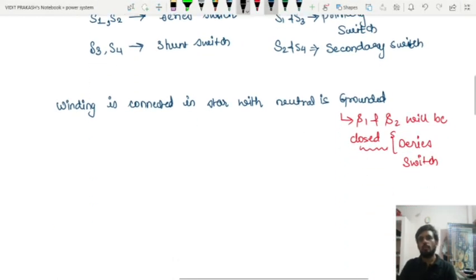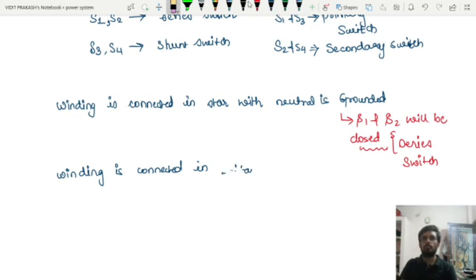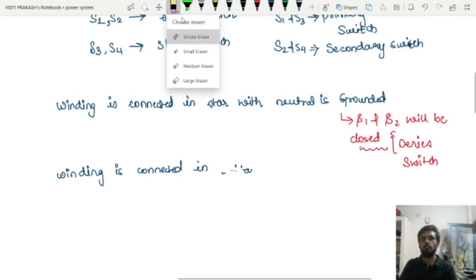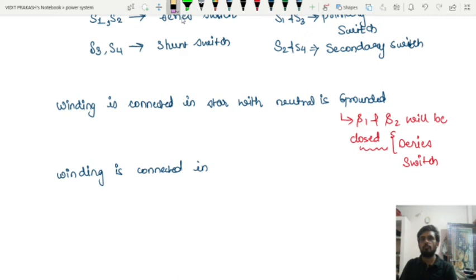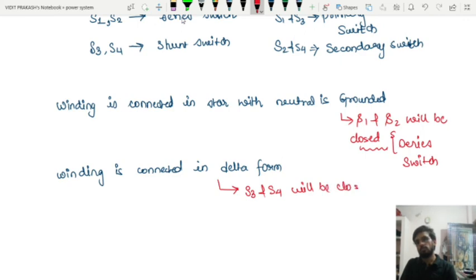Okay. Now, if winding is connected in delta form, then switch S3 and S4 will be closed.